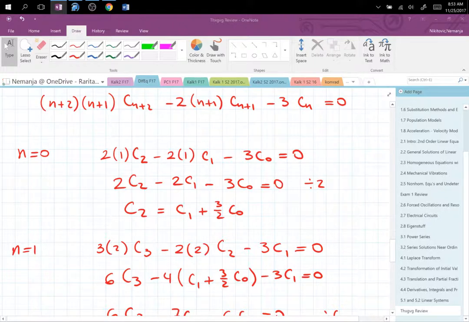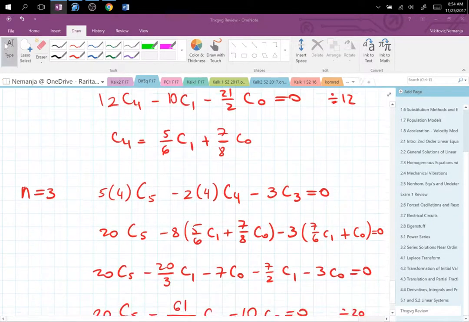And this needs to be multiplied by x to the 0, which is 1, so we don't have to write it. So for n equals to 0, we just have this, c1 plus 3/2 c0.